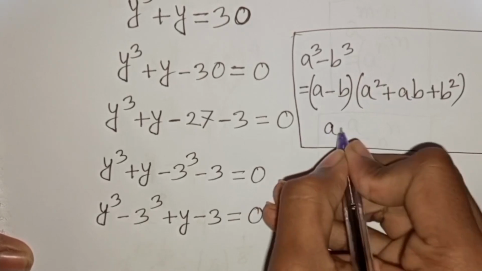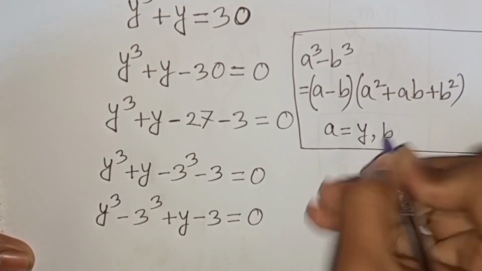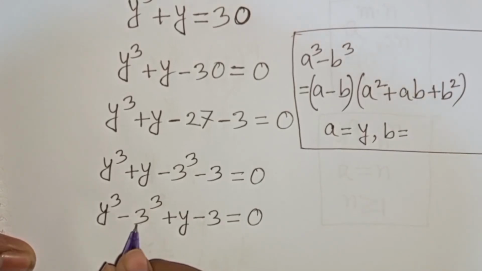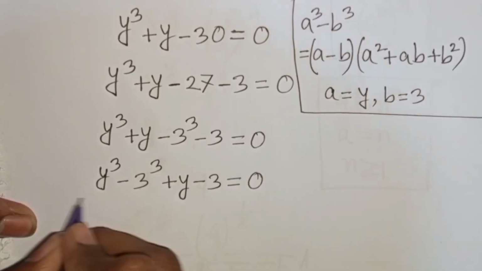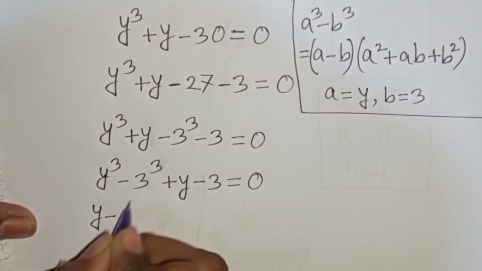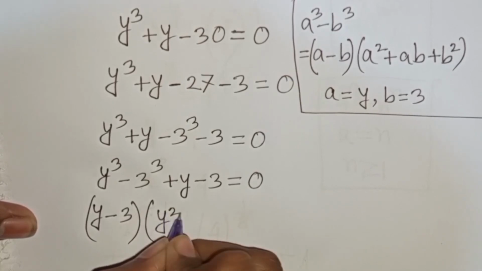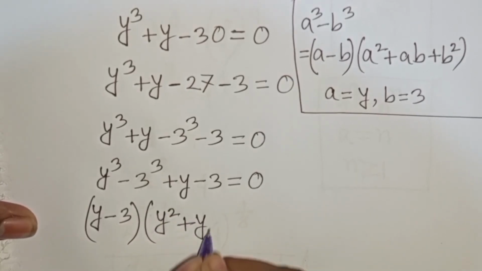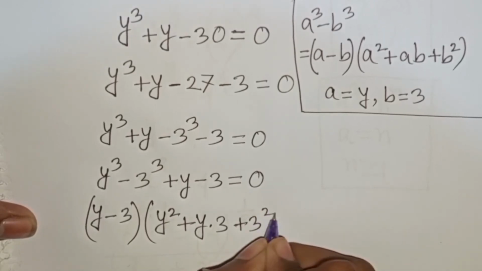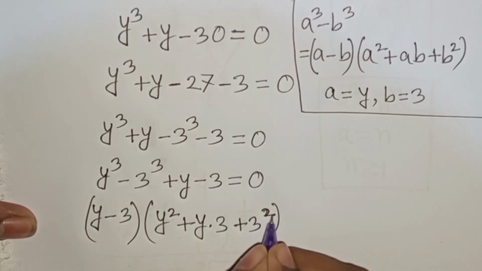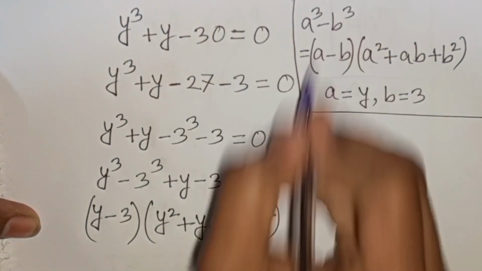Here a will be equal to y, then b will be equal to 3. So I can write here y minus 3 times y square plus y times 3 plus 3 square. That means this is the formula of a cube minus b cube.